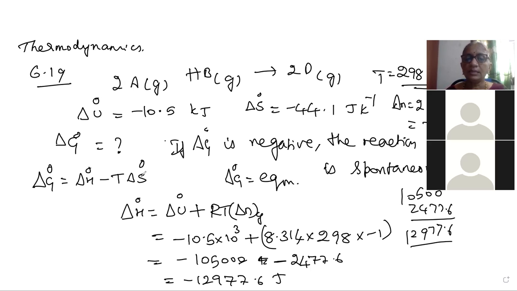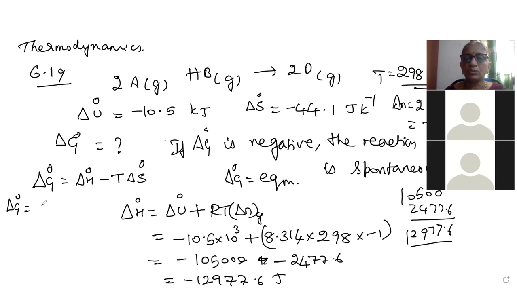Now, how will you find delta G naught? In the first step we found delta H naught because it is not given, using delta U naught. Now, using delta H naught, delta S naught and the given temperature, we find delta G naught.